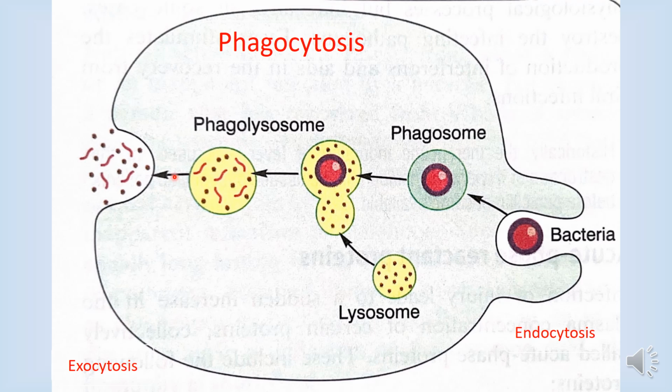After destruction, the process of exocytosis takes place, and the contents of the phagolysosome are removed outside the phagocyte, and this is the entire process of phagocytosis.